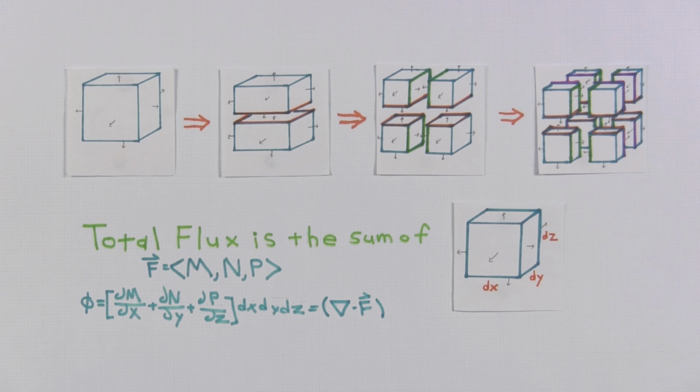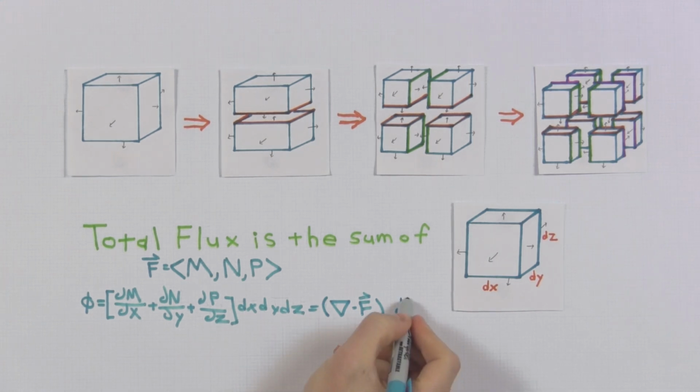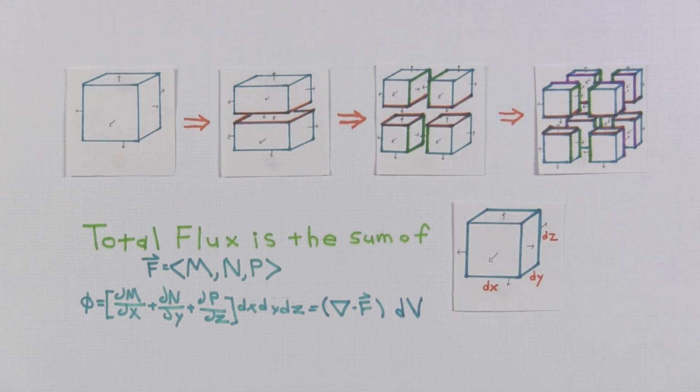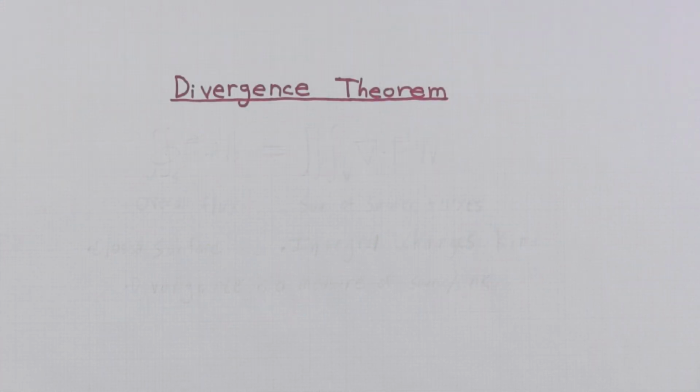We can remember that because dot starts with a d, as does divergence. And then finally, because we have a cube, we can write dx dy dz as dV. So that means that the total flux over the entire cube is the sum over the volume of the divergence of F times dV.